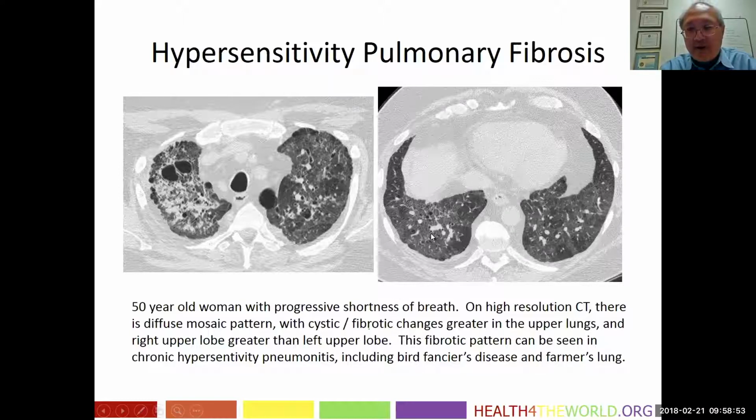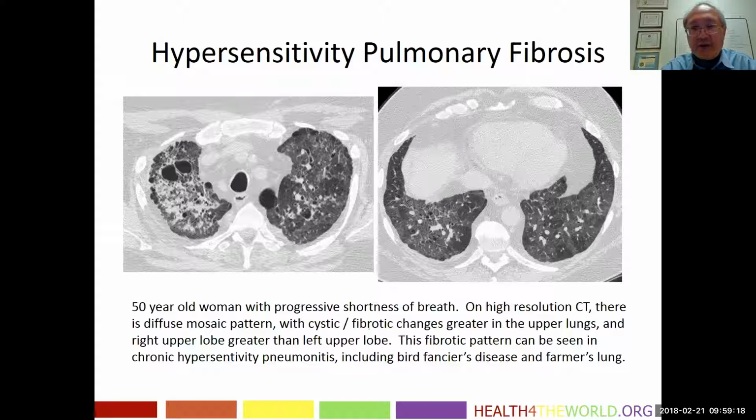These usually typify both the parenchymal, but more importantly, also small airway involvement. Now, the effect on the upper lung is much more prominent than the lower lung. So we have a process that is inflammatory in nature because of the mosaic pattern. And over time, it produced upper lung predominant fibrotic changes.